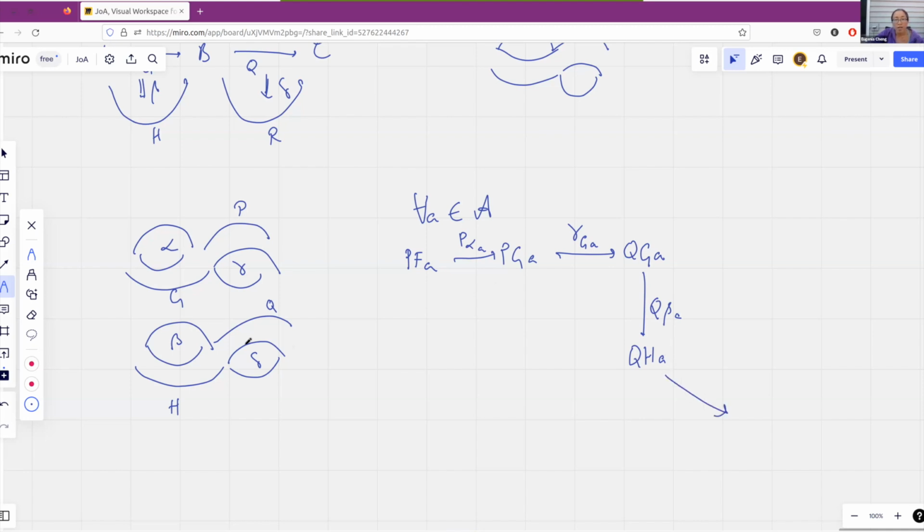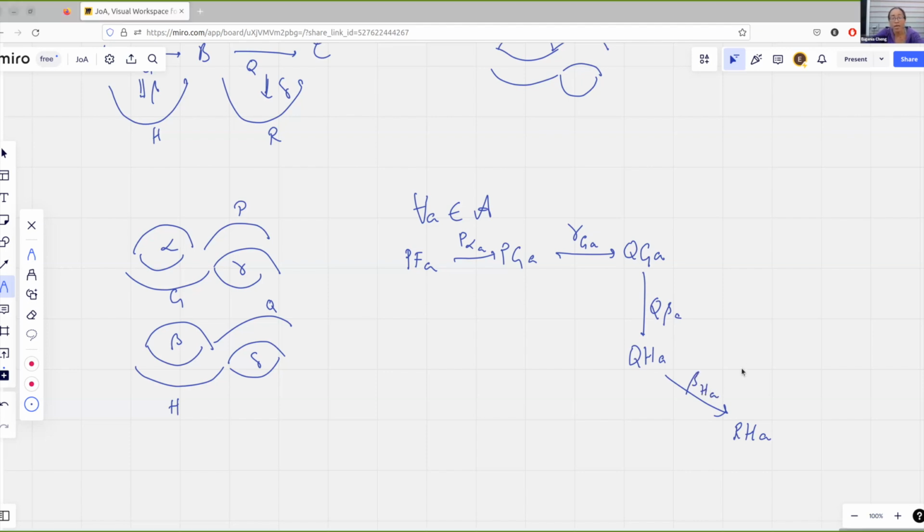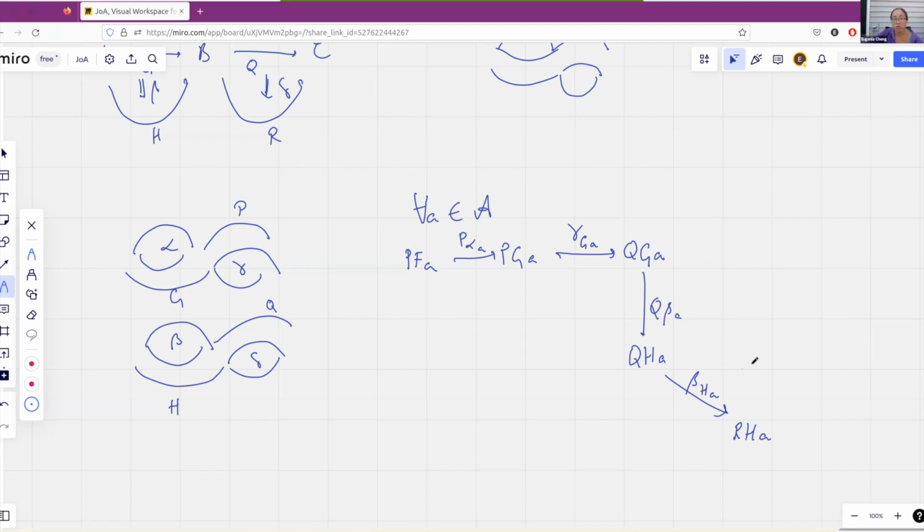And then finally, we go along delta whiskered with H. So that takes us to R H of A, and the component is delta at H of A. Let me look to see whether I did it the same way as I did in the book. And the answer is yes, there are two ways of doing it, because you could whisker the other way around first.